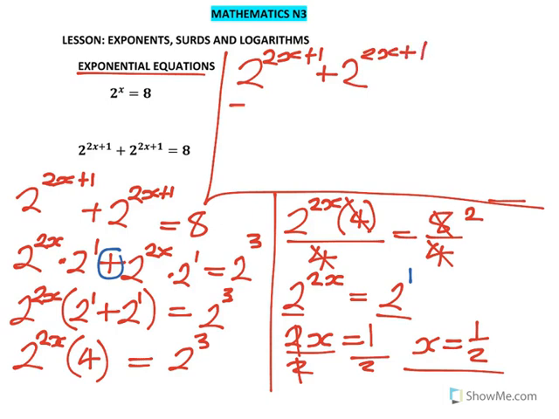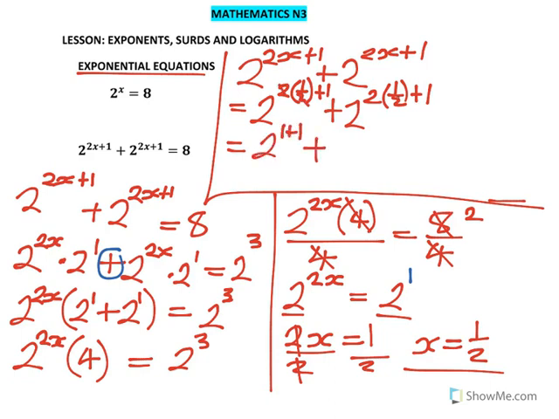Remember we know our x is a half, it will be 2 to the exponent of 2 half plus 1 plus 2 to the exponent of 2 half plus 1, which is equal to, when you cancel that, 2 to the exponent of 1 plus 1 plus, again we cancel that, 2 to the exponent of 1 plus 1, which is equal to 2 to the exponent of 2 plus 2 to the exponent of 2.